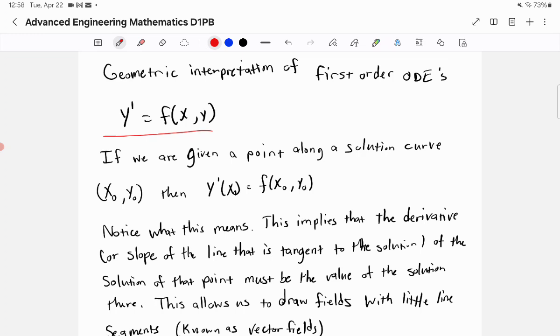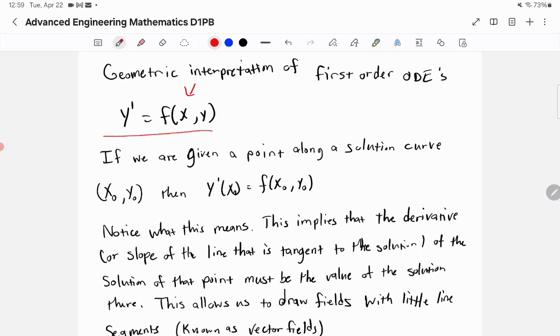Now notice what this does for us. By writing it in this form, because the left-hand side is a derivative, the right-hand side is the derivative as well. We're going to use this to our advantage, because now we know that this is the slope of the tangent line. So at any particular point, we know what the slope of the tangent line has to be.